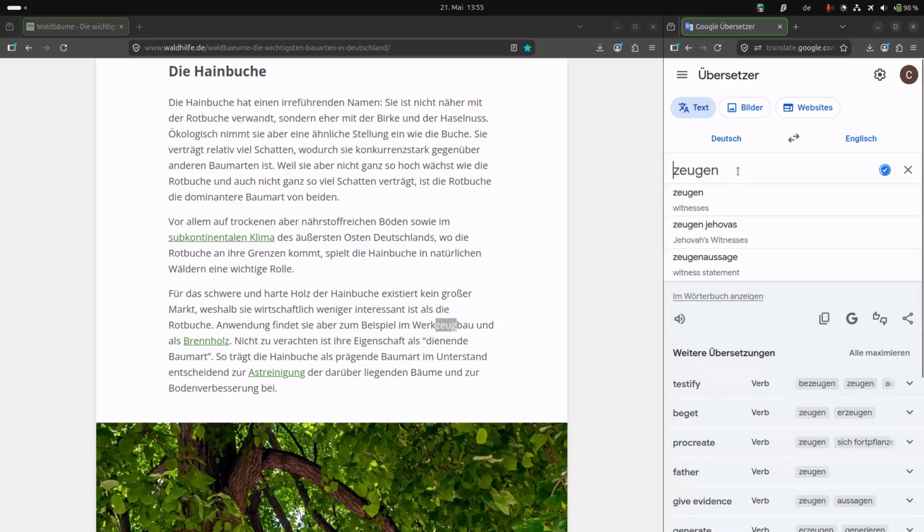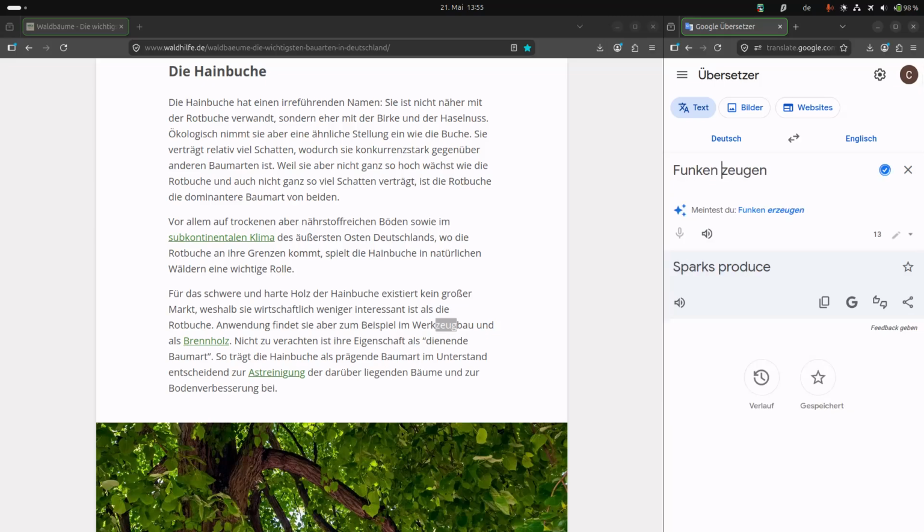Or to just create something, for example, Funken zeugen: to produce sparks. But rather erzeugen is mostly used, which means to generate, to create, because zeugen in and of itself is not necessarily used too many times nowadays.